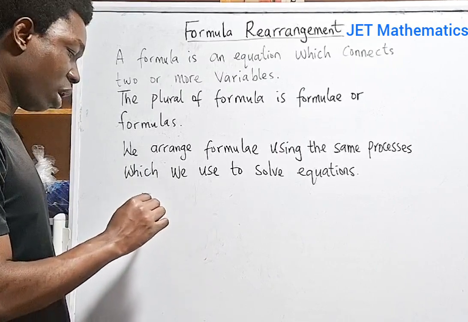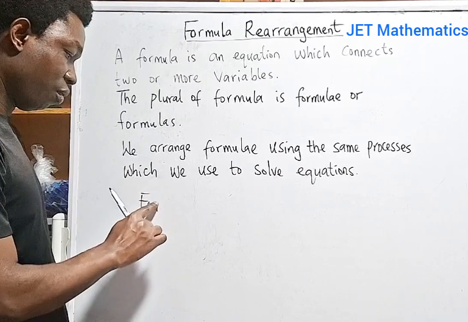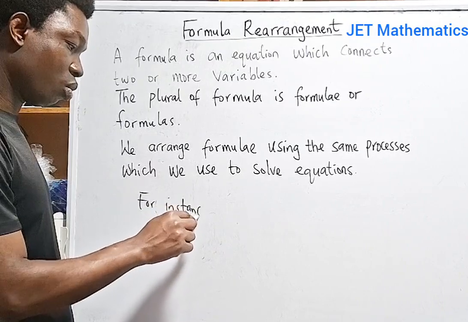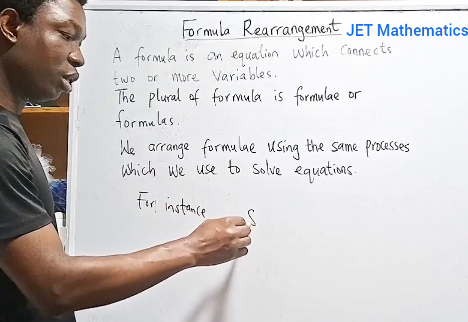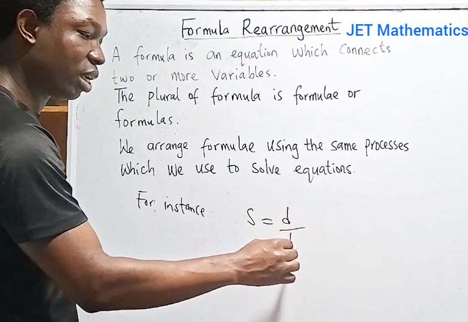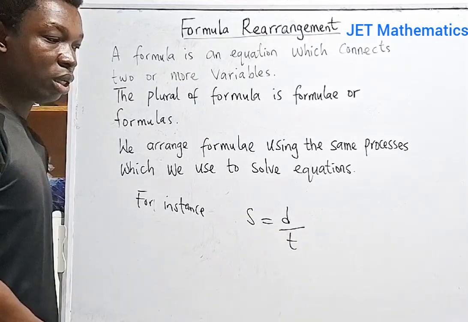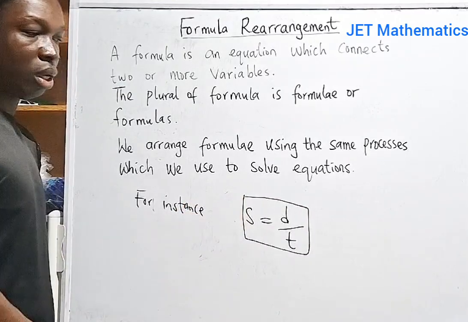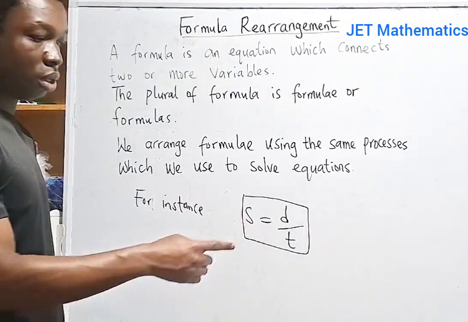For instance, we have the formula for speed: S is equal to distance traveled over time taken. So this is a formula and it has three variables.